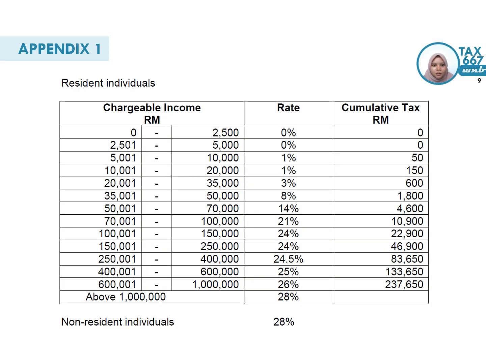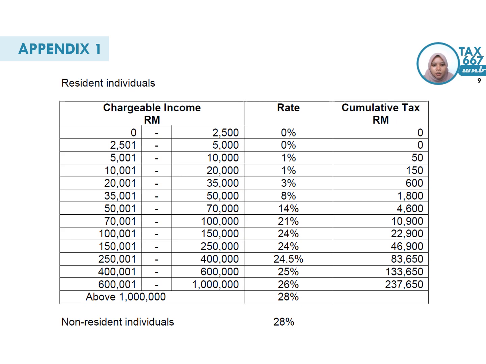Ni adalah, bukan contoh lah, ni adalah you punya scale rate for resident individual. So, like say income dia kita ada sebanyak 5,000. So, from 5,001 sampai 10,000, rate dia adalah 1%. Kalau orang tu income dia 100,000, kita akan tengok kat sini.